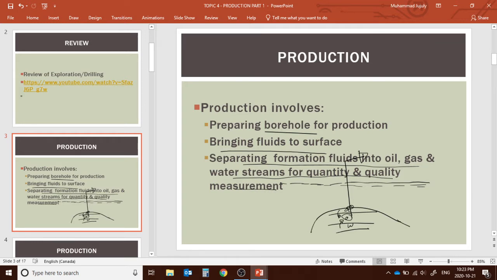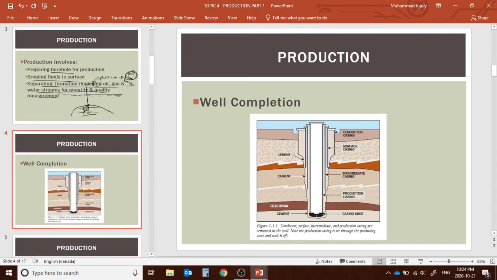The reservoir fluids we initially get are a mixture of gas, oil, and some water, so we need to separate them in different units. Oil and gas we sell commercially. The water we just weigh out. So this is what production involves.